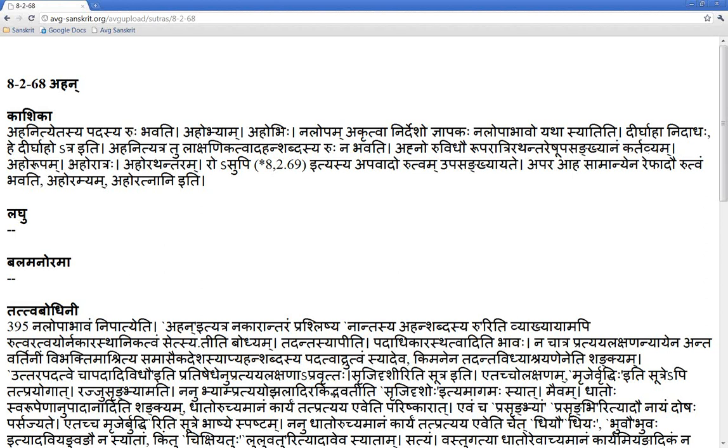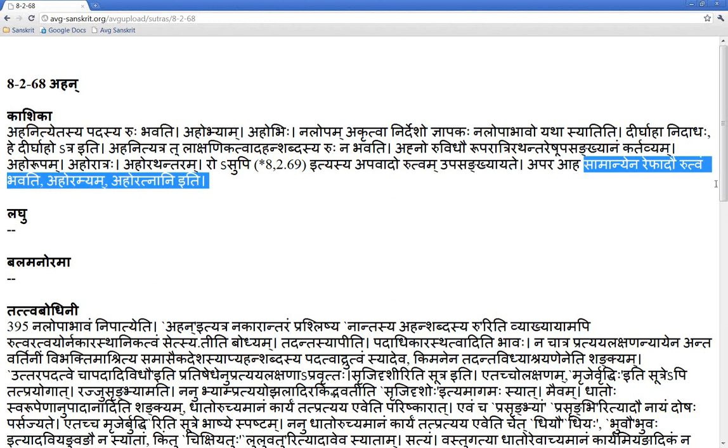In fact, the next example is coming. But then it says: Ro Supi iti asya apavado rutvam upasankhyayate. Apareyah: some other people say that not only these three, not only Rupa, Ratri, Rathantara, but Samanyena Rephadau Rutvam Bhavati, Ahoramyam, Ahoratrani Ityadi.